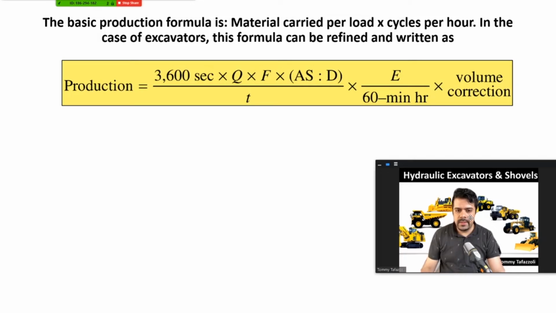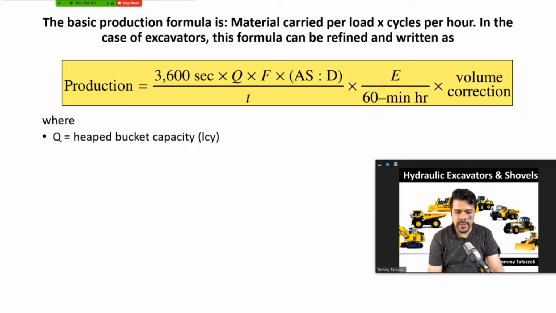This is the basic production formula, the production of an excavator. So what are these parameters? Q is the heaped bucket capacity, in loose cubic yards, how many loose cubic yards the bucket can hold when it is heaped.